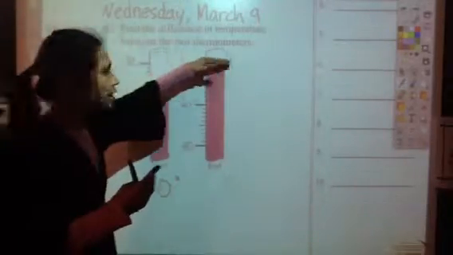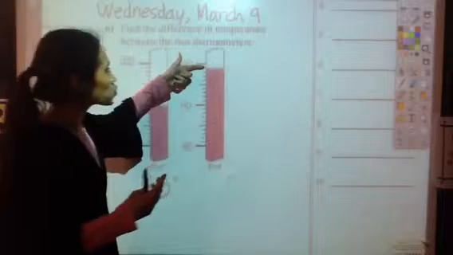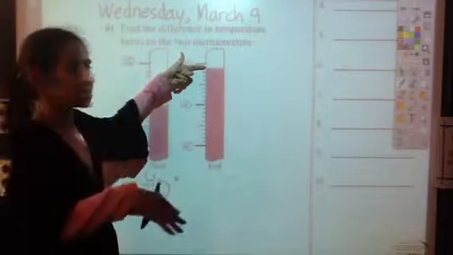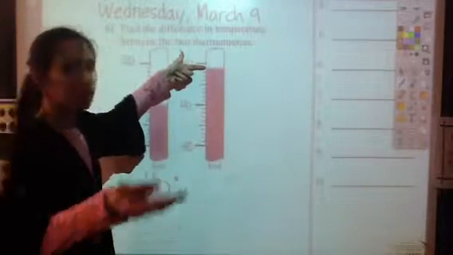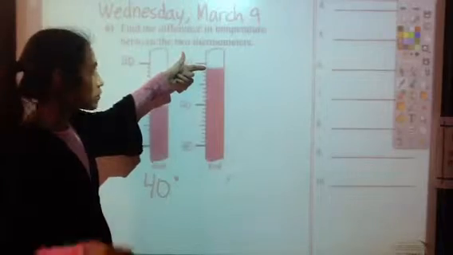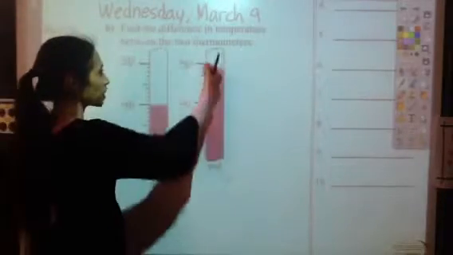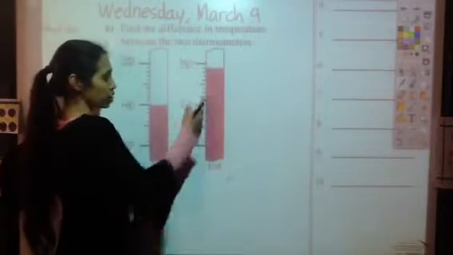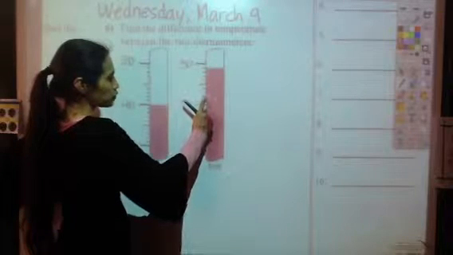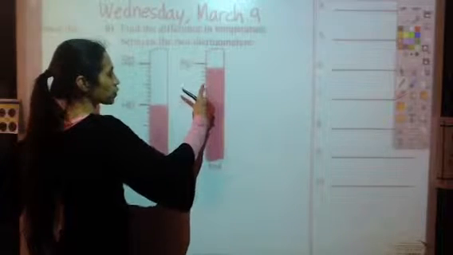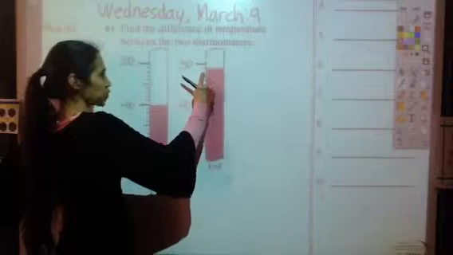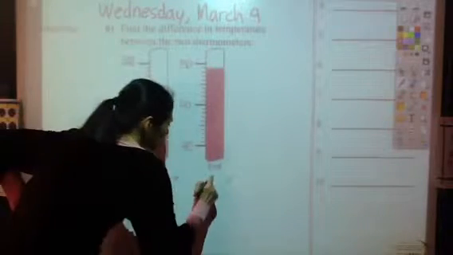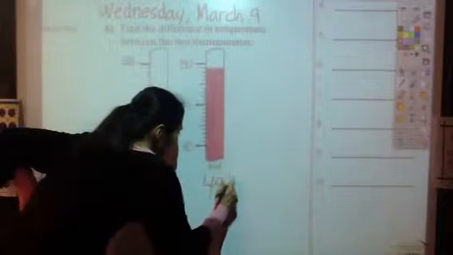No, it's not exactly on 50. It's one tick mark less than that. So what would that be? 49. So you can do it that way. Count one down, or you can count up from 40. Look, 40, 41, 42, 43, 44, 45, 46, 47, 48, 49. So that is 49 degrees.